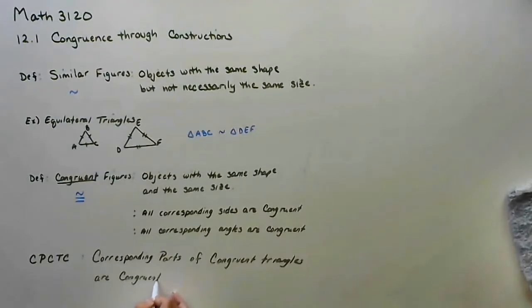And we'll look at this again as we get into proofs, but I wanted to introduce it to you at the moment. So we have our C, P, C, T, C.